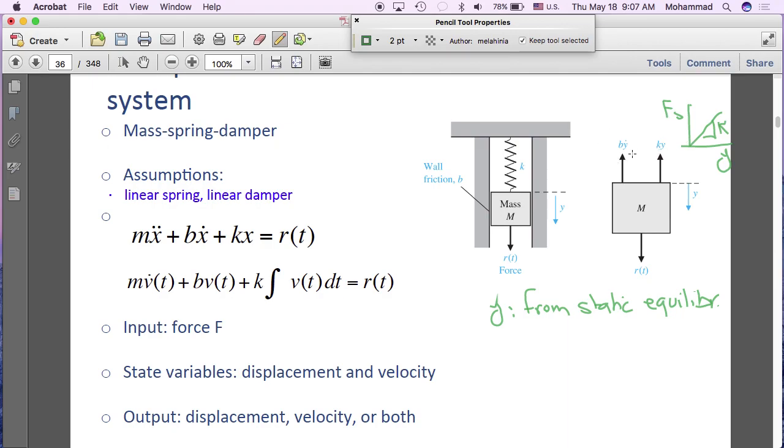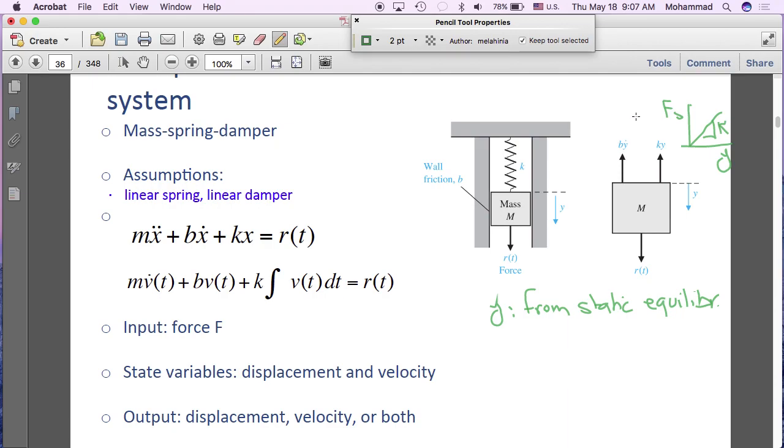Now, modeling friction is not as straightforward. Friction, generally speaking, is a complex process, but there is a simple way of capturing it by assuming the opposing force of friction is like a drag force. So the faster the mass moves, the more friction force there would be.